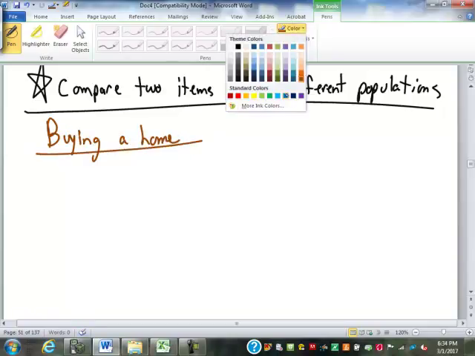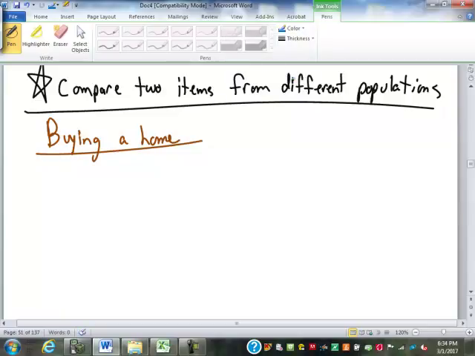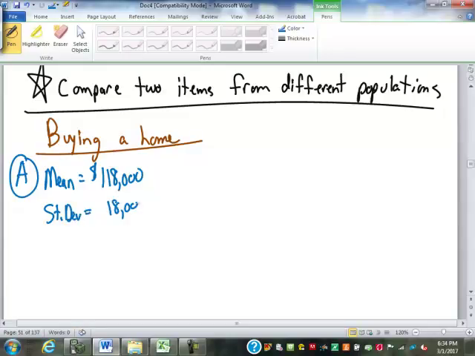Let's say you have two different areas you would like to move to. In area A, the mean for that 3-bedroom, 2-bath house is what we just saw: 118,000 with a standard deviation of 18,000.